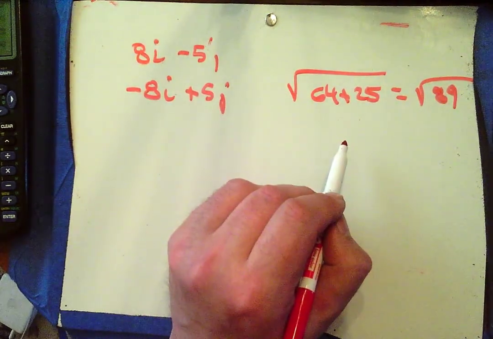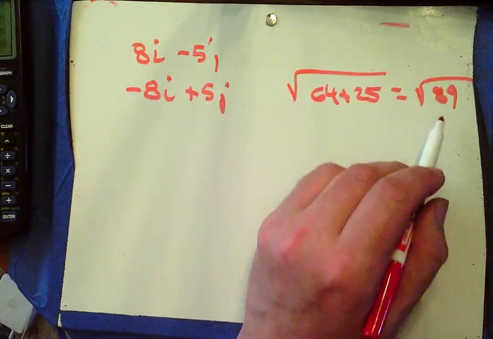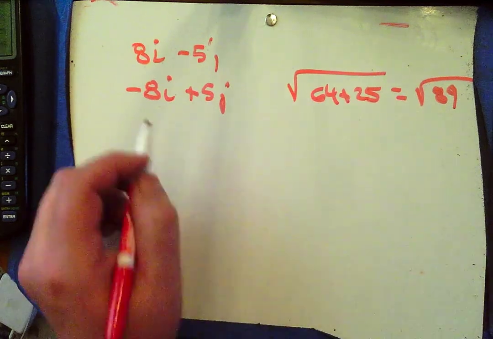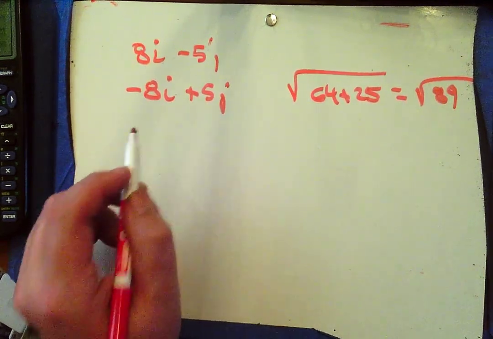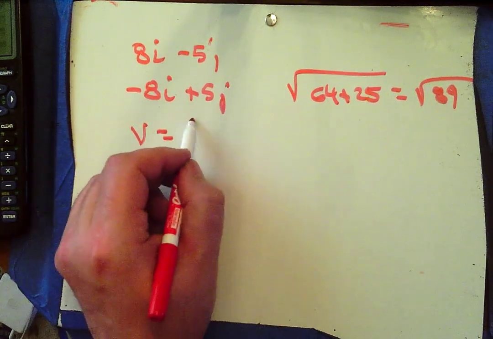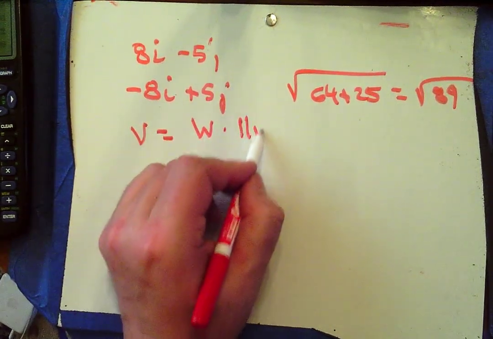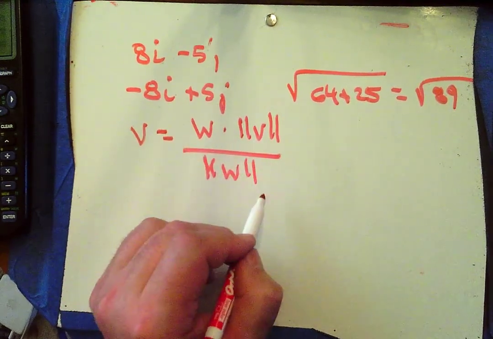That's the magnitude of our vector, and we want something that's 3 times that magnitude. So you know what this is? This is that find V in the direction of W with the given magnitude of V. Remember we said W times magnitude of V over magnitude of W.